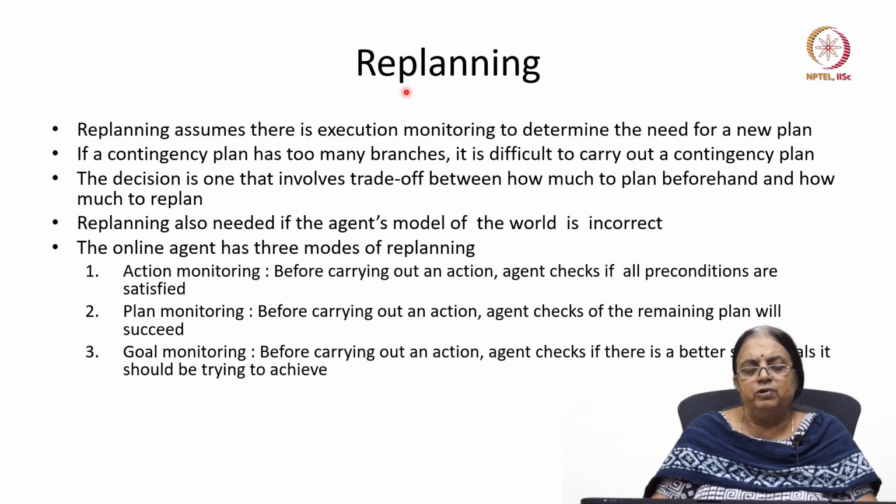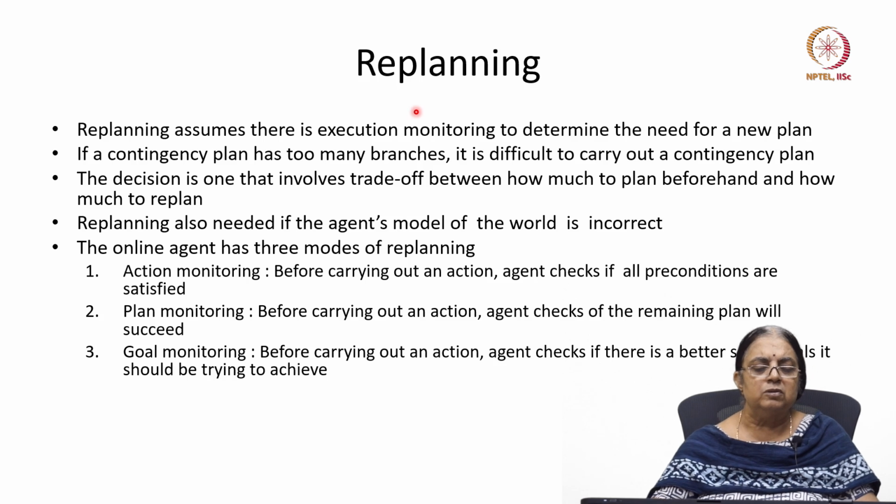So you can monitor and check whether those preconditions are actually true or not, because there are many things which can go wrong in a plan. So there are three modes of replanning. Okay, in other words, three ways in which execution monitoring takes place.